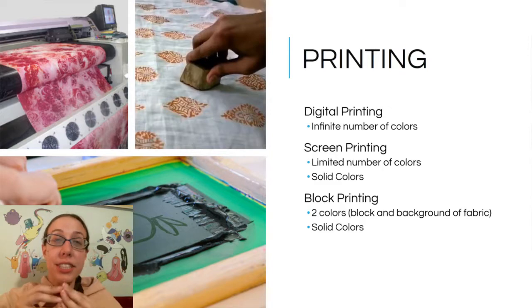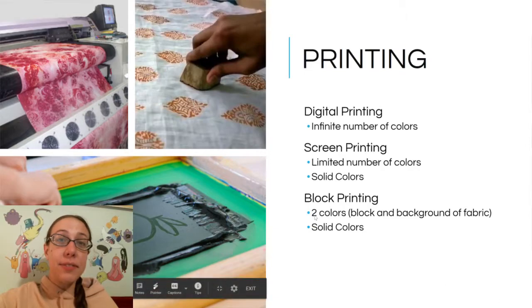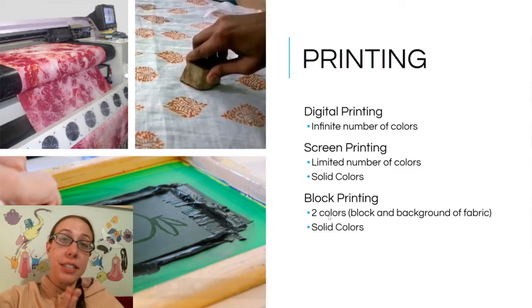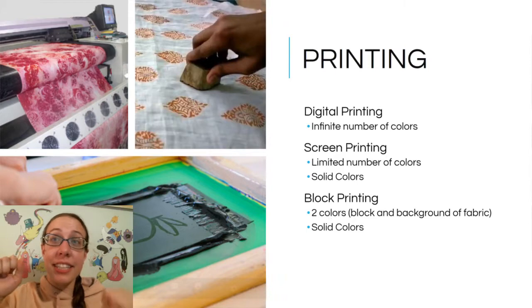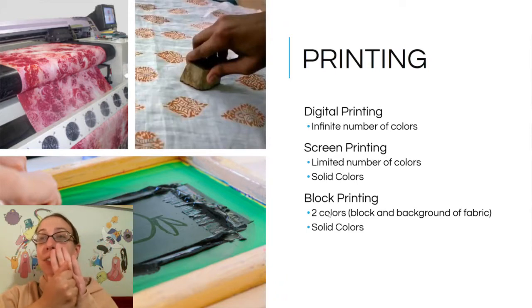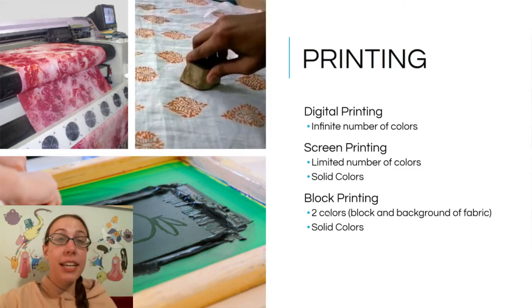So in the most traditional type of printing that we can do, block printing, we only have two colors, because you only have the color of the block and then the color of the background fabric, right? And the block is placed onto the fabric. So that's this example right here.